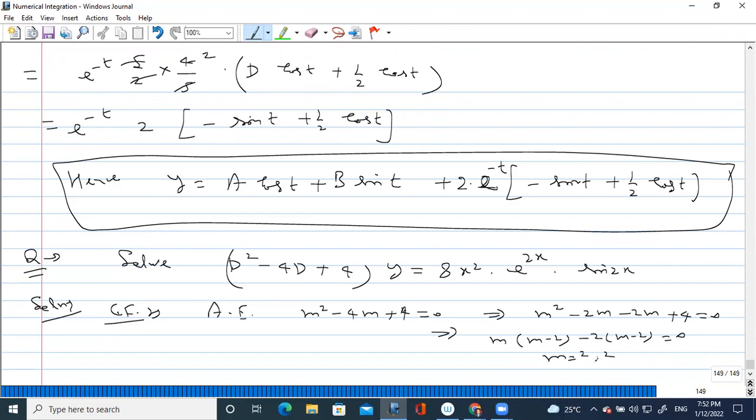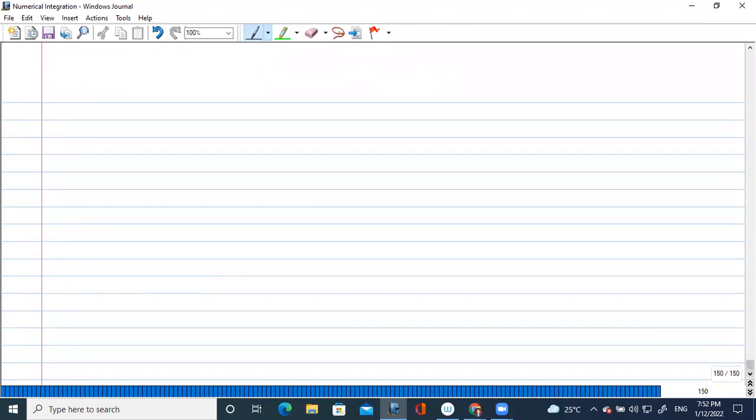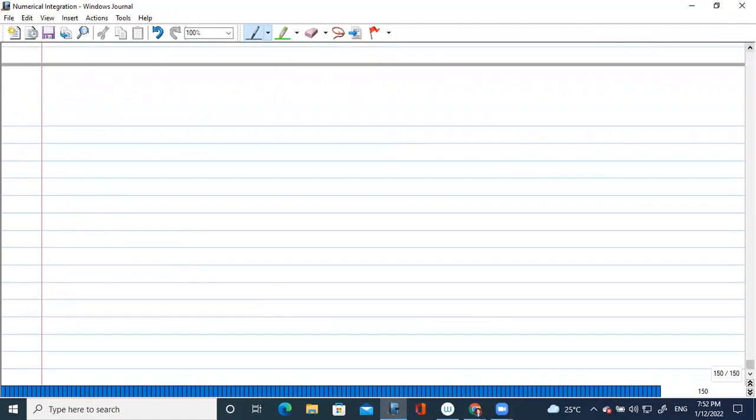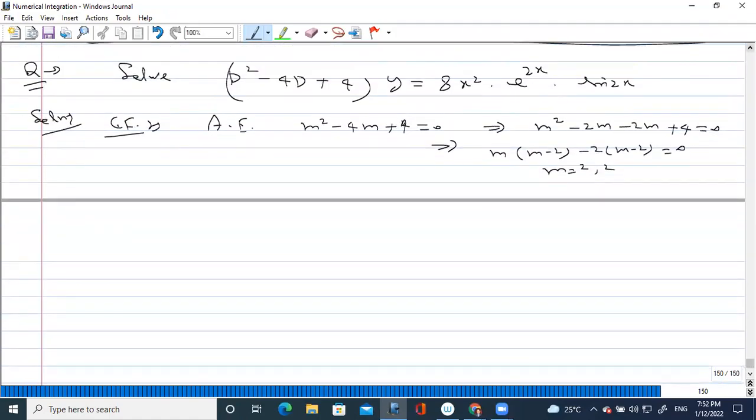So m equal to 2, 2. So this is real and repeating, or real and equal. So complementary function will be y1, that will be c1 plus c2x into e to the power ax, a is 2, so e to the power 2x.